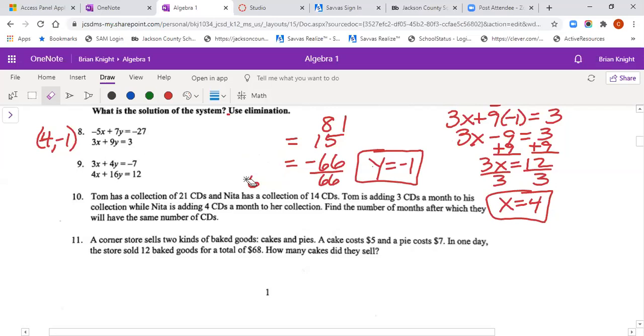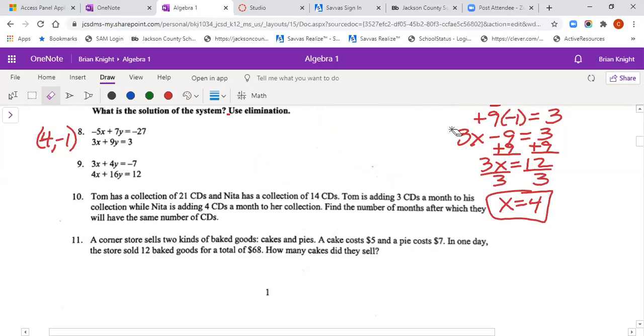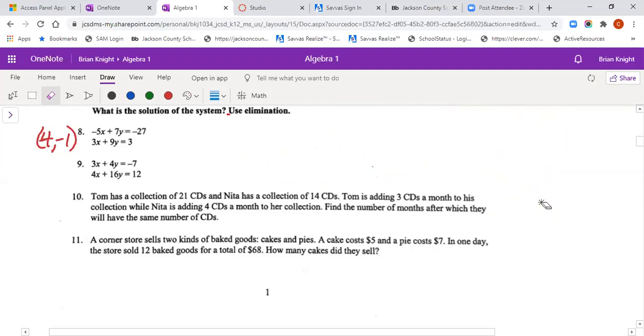For number 9, do you want to get rid of the x, or do you want to get rid of y? Y. Y, again, does it matter? It doesn't, but y is easier because I only got to multiply one equation by a number rather than multiplying both equations by a number, okay? So I want to multiply this top equation.